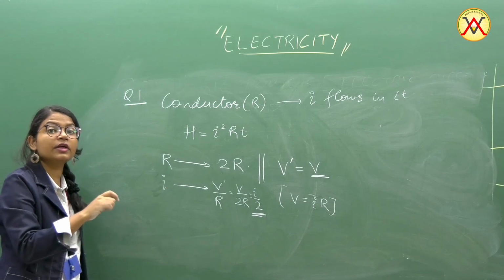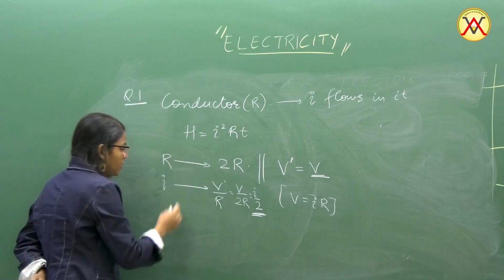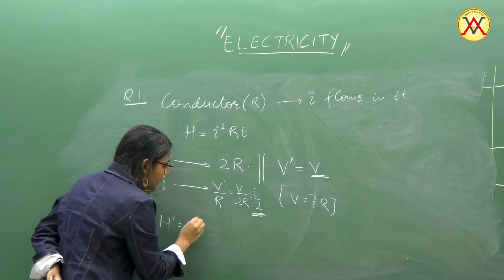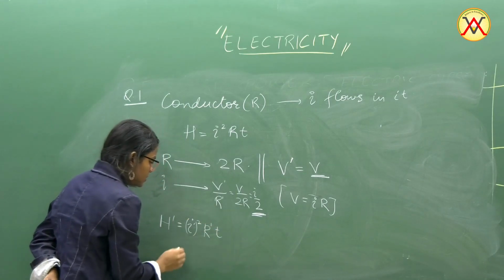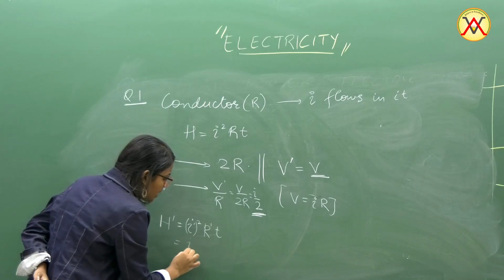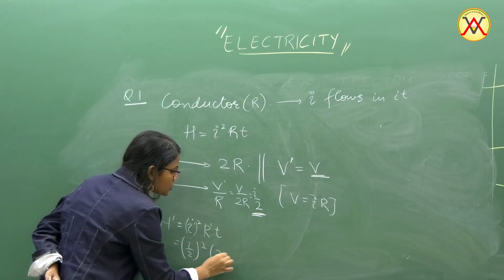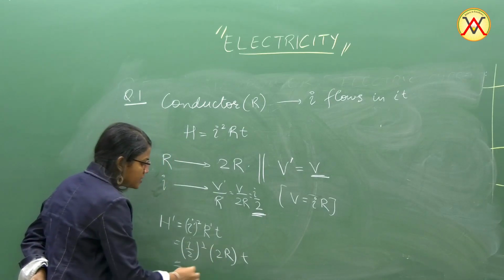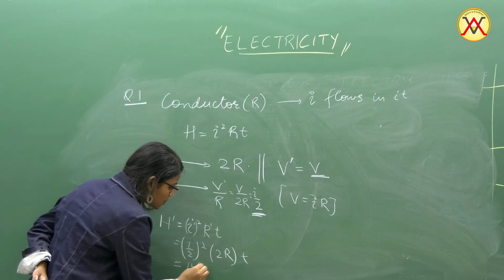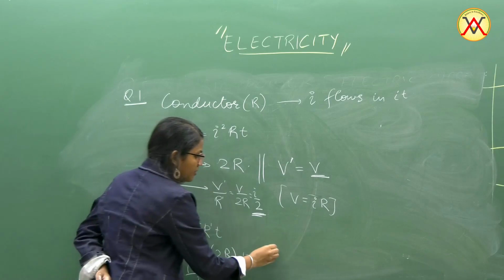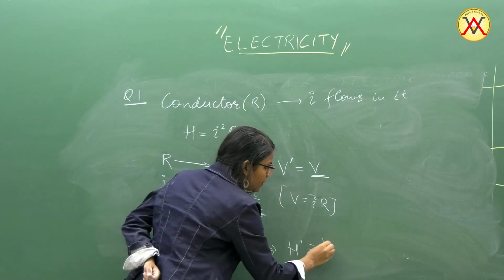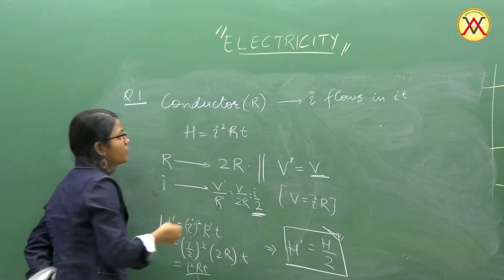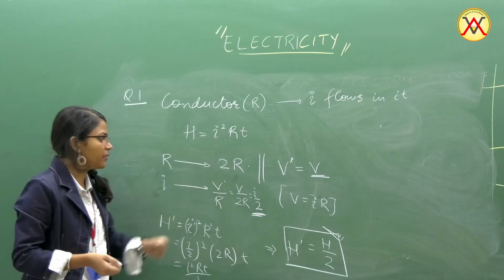So after time T, the new heat produced equals I dash square R dash into T. I dash is I by 2, R dash is 2R, and our time is T. So our new heat equals I square RT by 2. That means our new heat will be half of the original heat produced when the resistance of our conductor is increased to 2R. Alright.